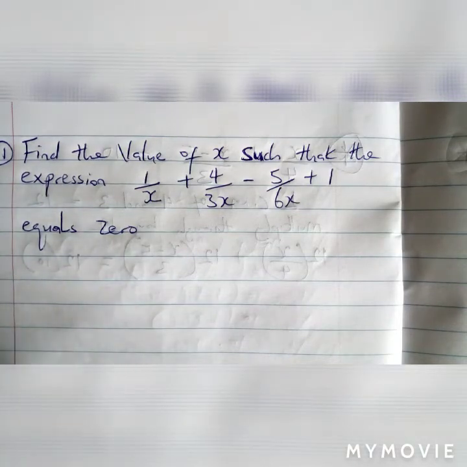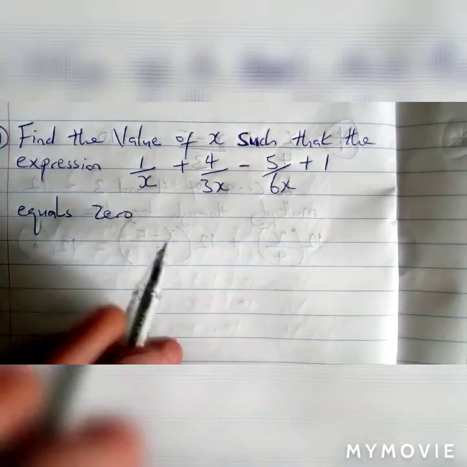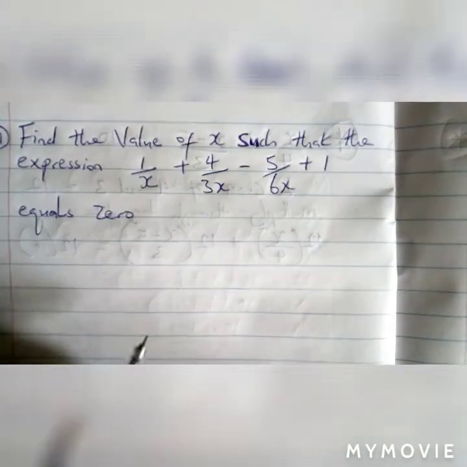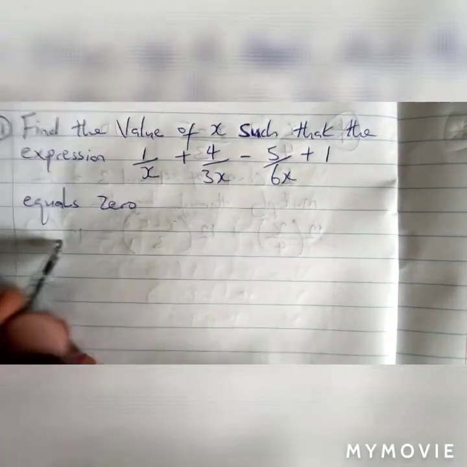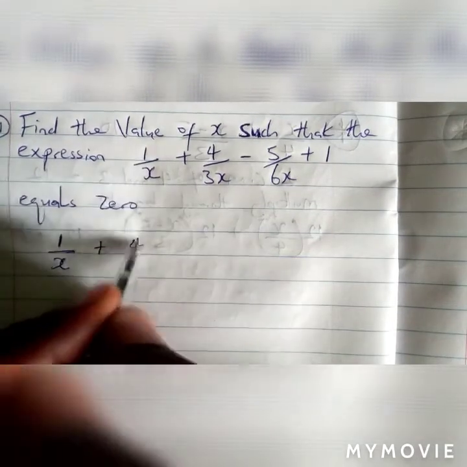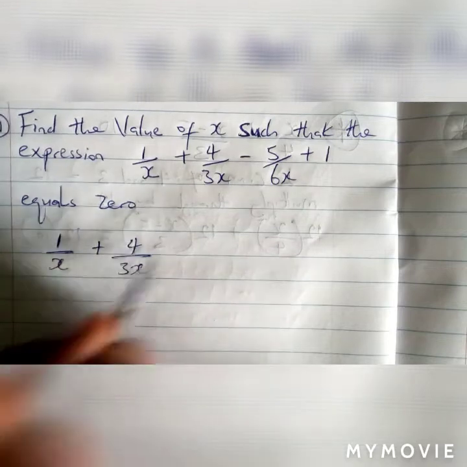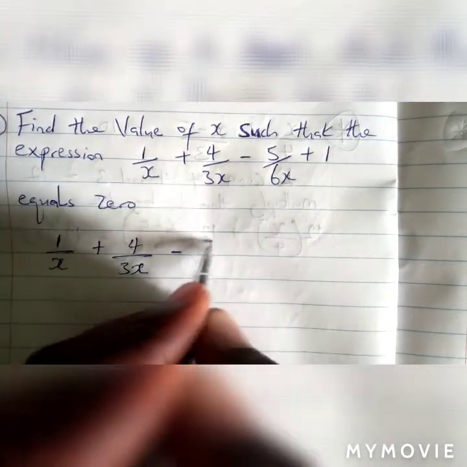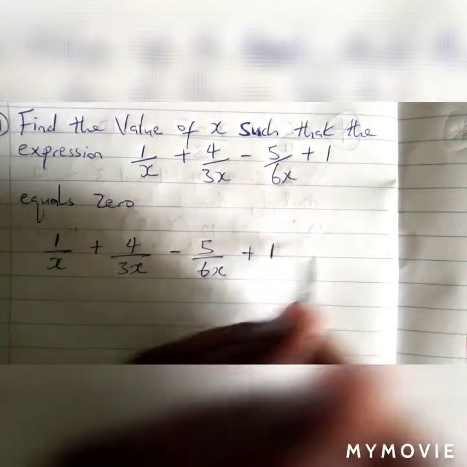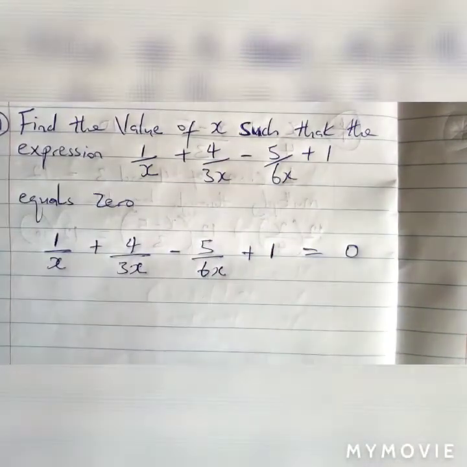So invariably we are asked to get the value of x for which this expression equals 0. We have 1 over x plus 4 all over 3x minus 5 all over 6x plus 1 equals 0.